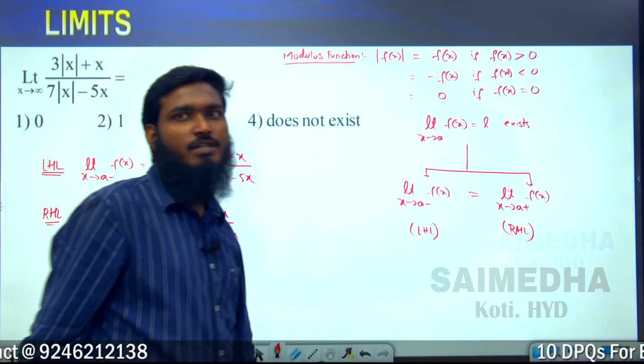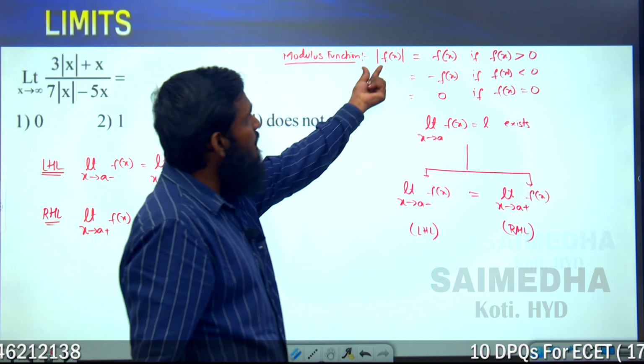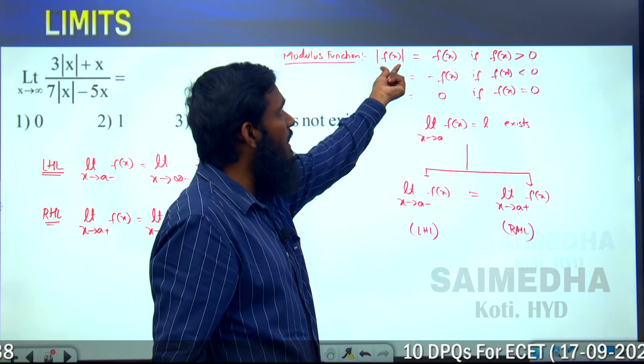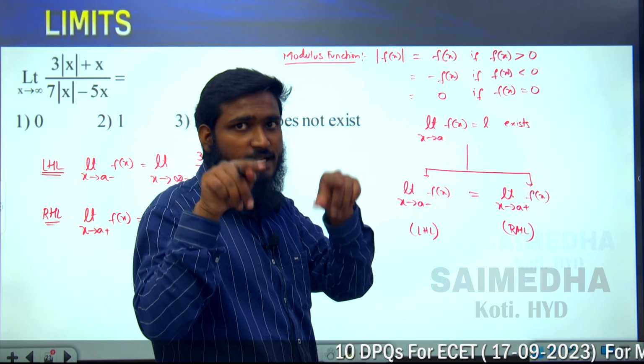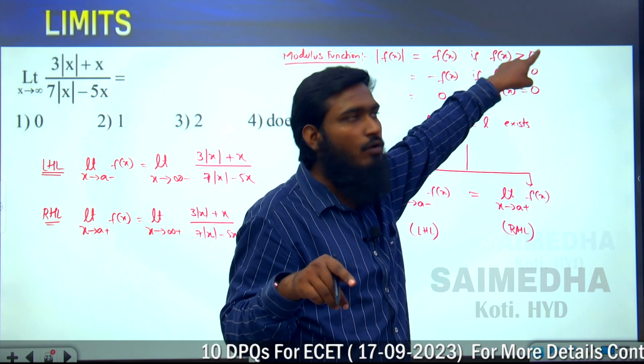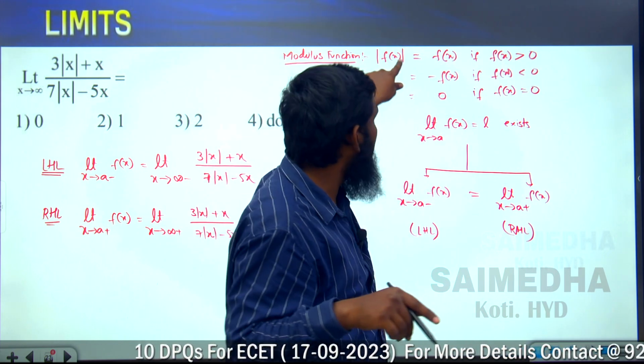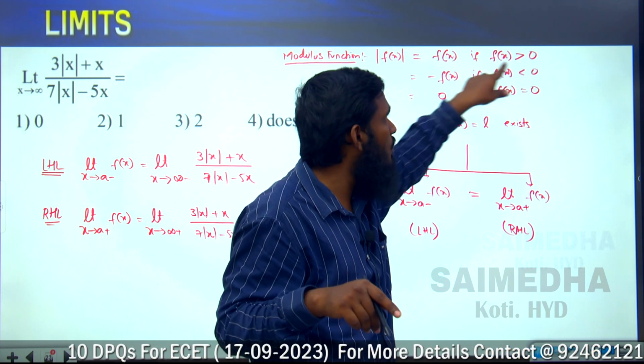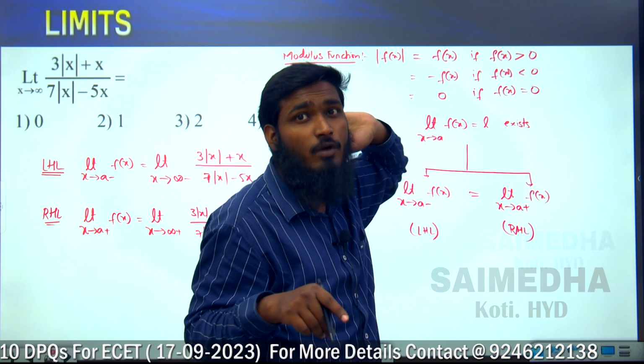These are the three conditions for the modulus function. So for the complete part inside the mod, if that function is greater than 0, then we take the same function. But if it is less than 0, then we take minus f of x.